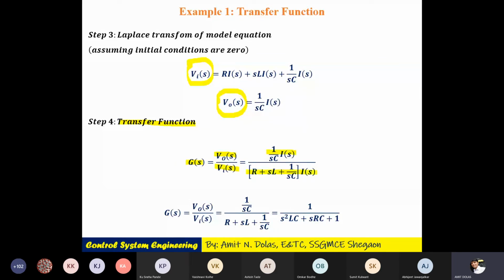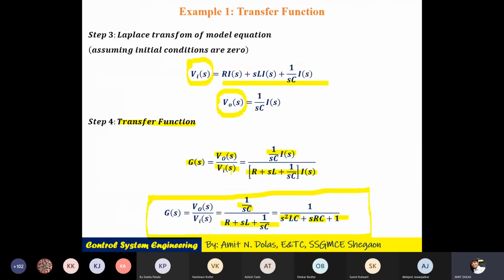Taking I of s common from the first equation, I of s gets cancelled, and the response will be 1 by sC upon R plus sL plus 1 by sC. Simplifying by multiplying the complete numerator and denominator by sC, it will be 1 upon s square LC plus sRC plus 1. This is the complete transfer function of the electrical system given in the earlier PPT.